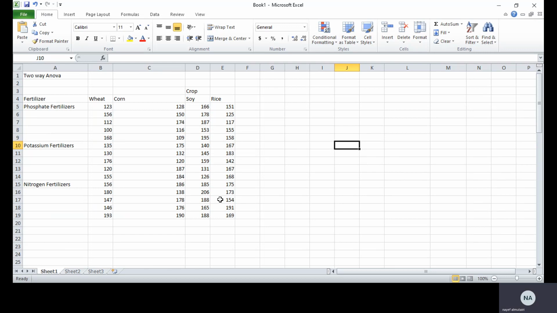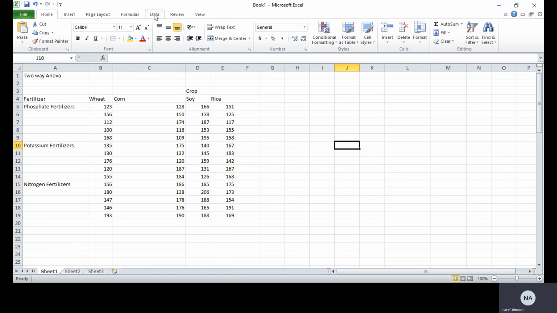If we have only phosphate fertilizer and the four crops, that is a one-way ANOVA. But if we have three on the side and four on the other side, we should apply the two-way ANOVA with replication. So let's apply this technique and see what happens in this analysis.